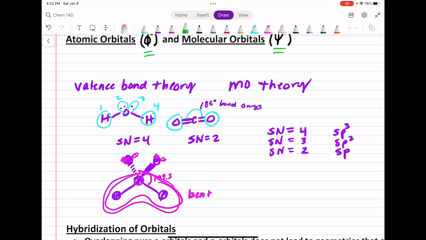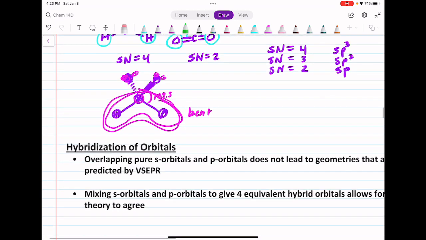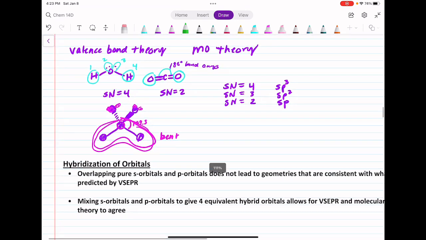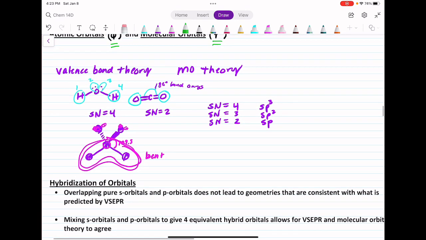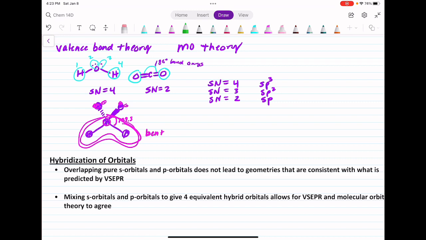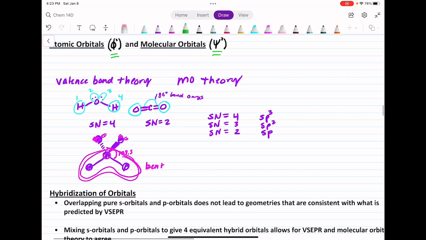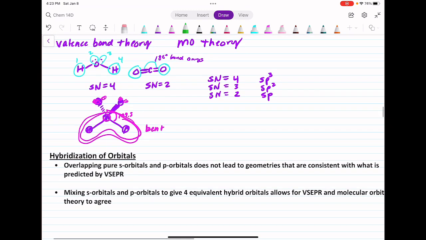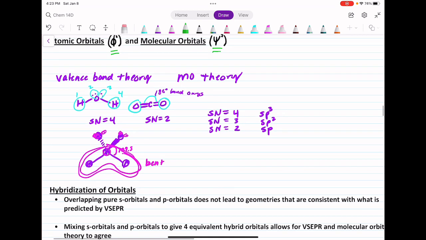Actually, let's give you an example of molecular orbital theory using simple pure s orbitals, like the bonding in, for example, H2 gas. I think that would be a good place to start to show you what molecular orbital theory looks like and what we're going to get out of that.